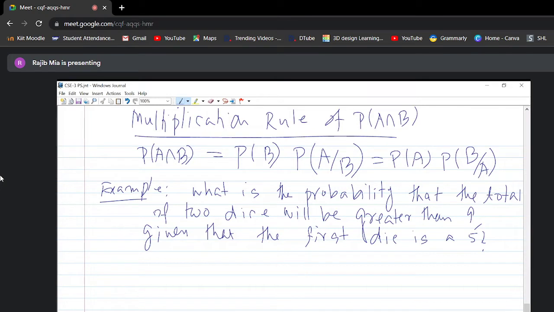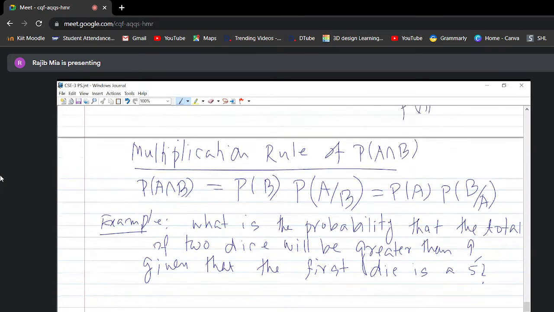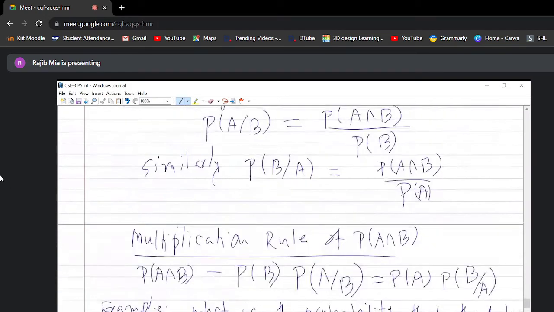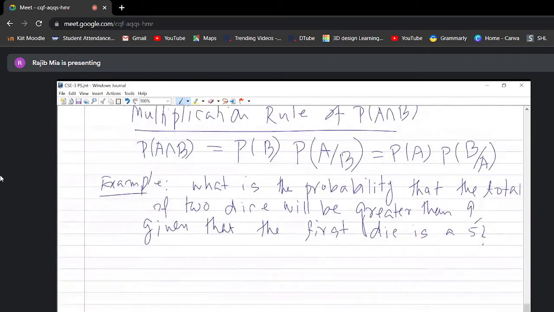So now if you use this definition of conditional probability to find this probability, we define two events. A is the event that the first die is a 5, and B the event that the total is greater than 9.